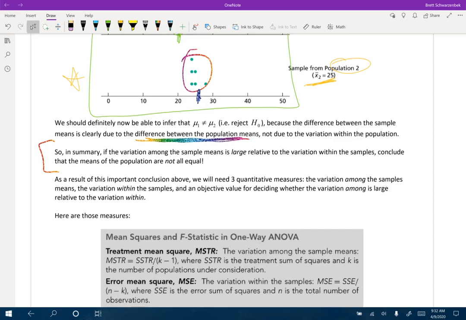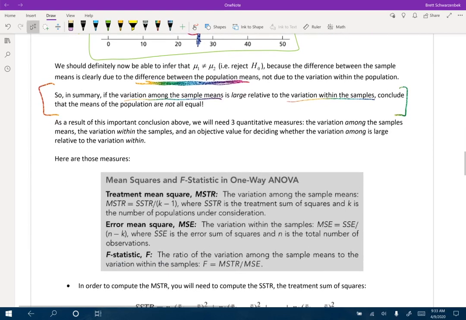This is a very wordy statement, and I know it's very difficult, but as we go through and derive how to find the variation among the sample means and how to find the variation within the samples, you'll get an idea of why this is the logic we're going to use. Luckily, we actually have measures for this. Right here it says, as a result of the conclusion above, we will need 3 quantitative measures.